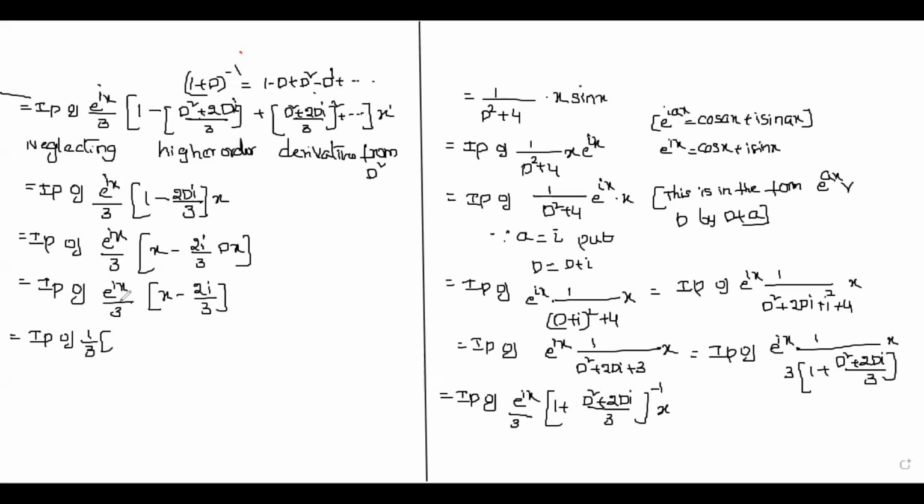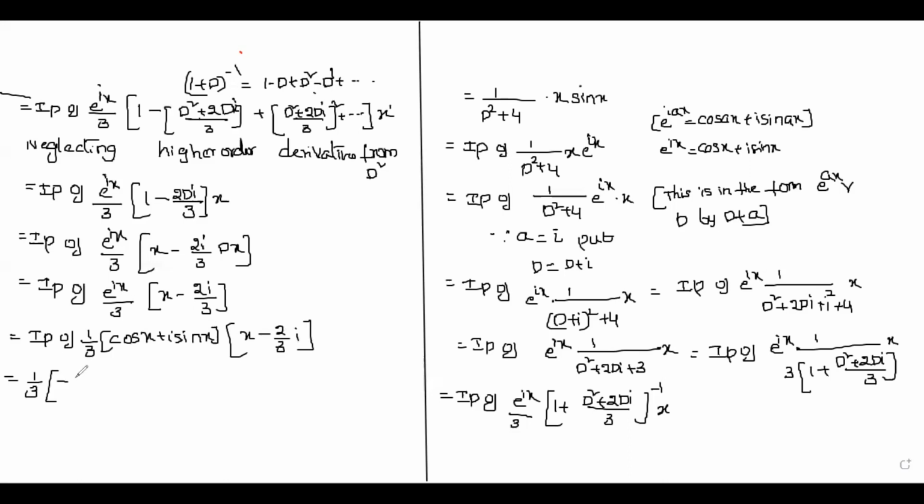now again replace e power ix as cos x plus i sin x, into x minus 2 by 3 into i. Now collect only the imaginary part from this solution. If you multiply cos x and x, you get only the real part, so don't take this. Now cos x into minus 2 by 3 into i, this will be the imaginary part.